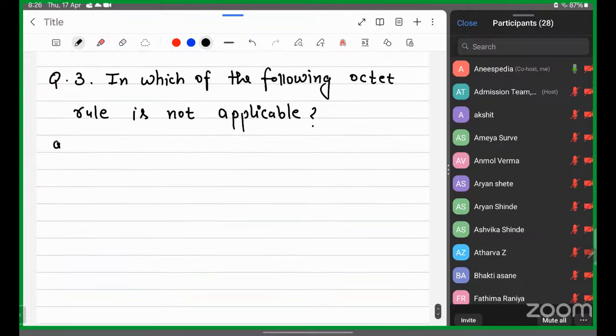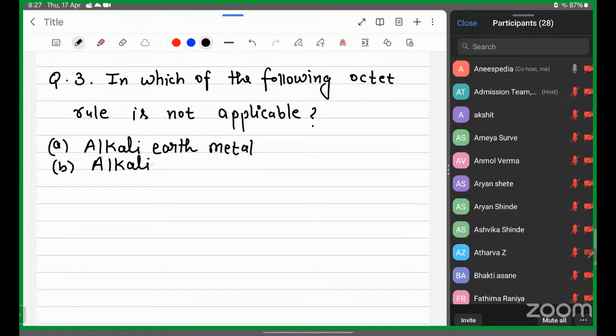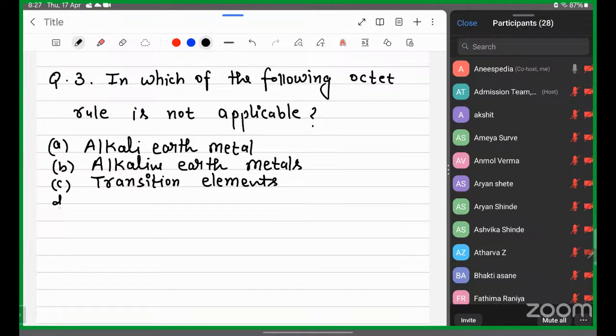Option A alkali metals, option B alkaline earth metals, option C transition elements, and option D p block elements.